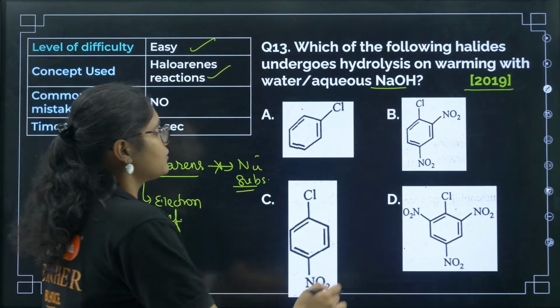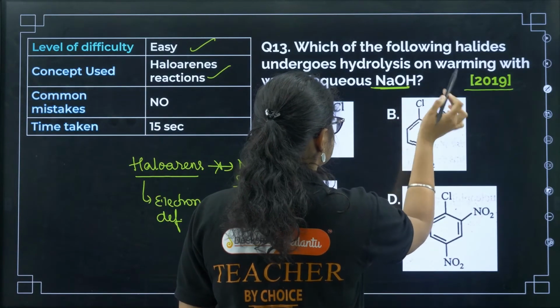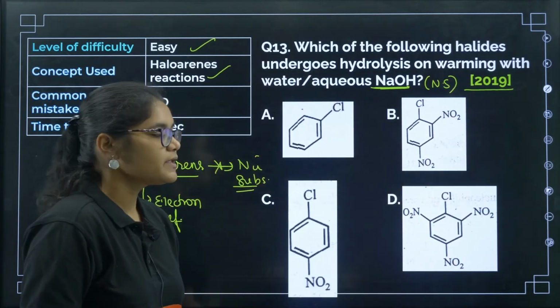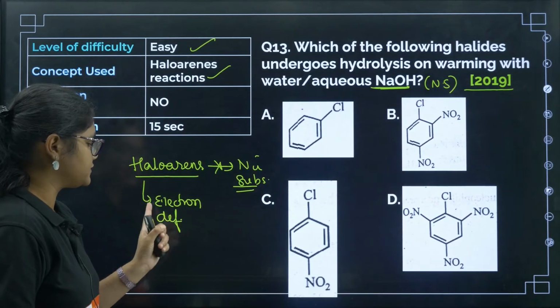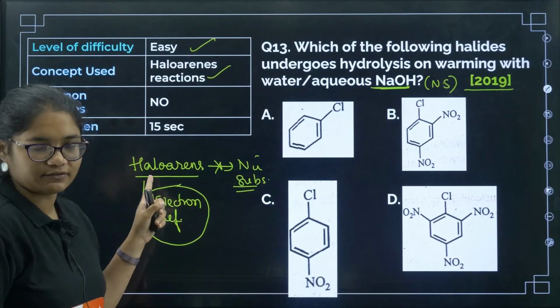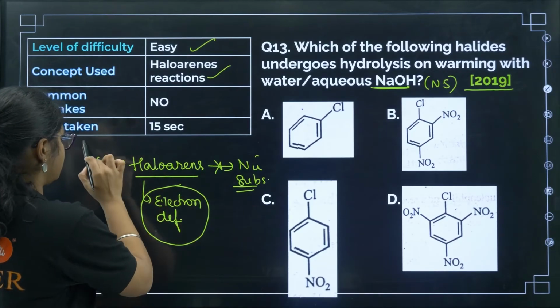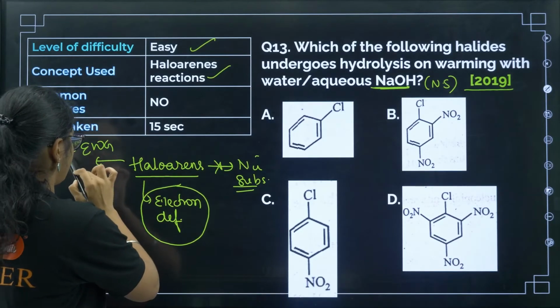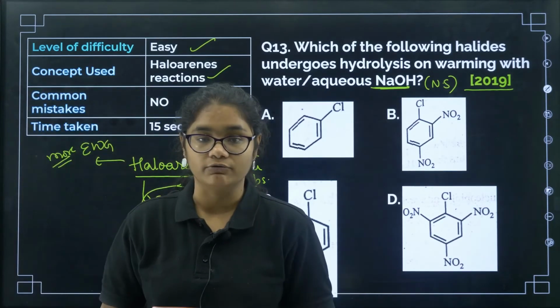Reaction with NaOH means adding an OH group, which is nothing but a nucleophilic substitution reaction. So we need electron deficient haloarenes, which need more and more electron withdrawing groups.